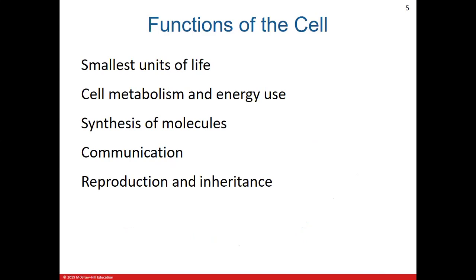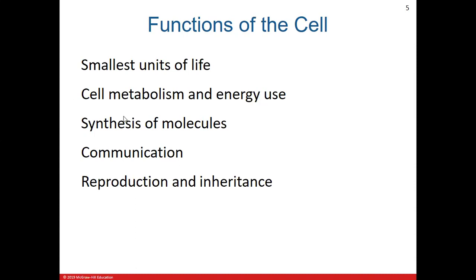To begin our discussion of what a cell is, we need to look at some of the functions. Basically, a cell is defined as the smallest unit of life. This is the smallest living portion of the organism. It's also where the cell's metabolic processes take place, and energy is created and used within the cell.